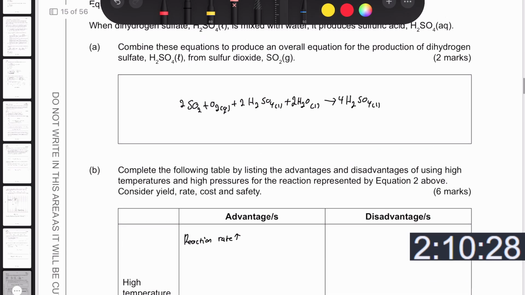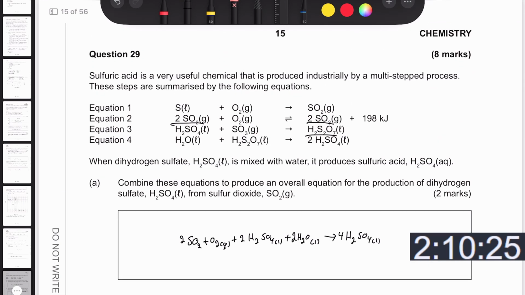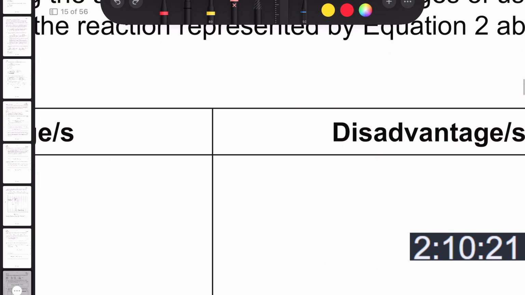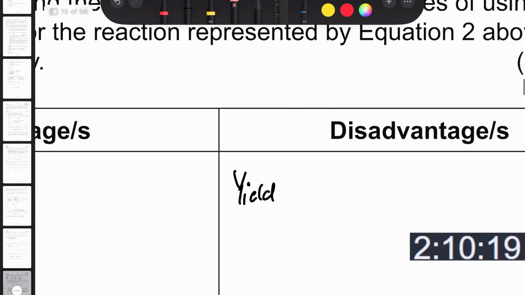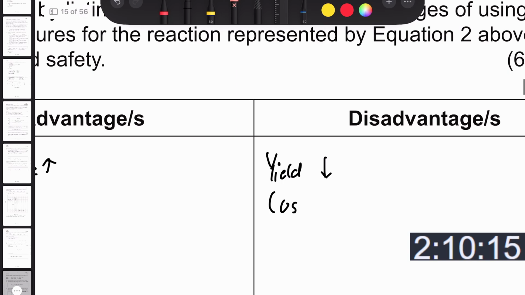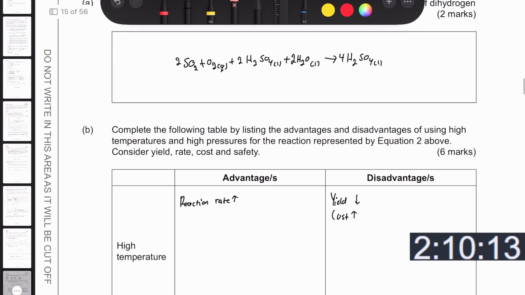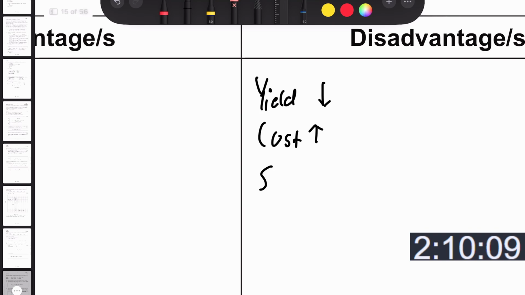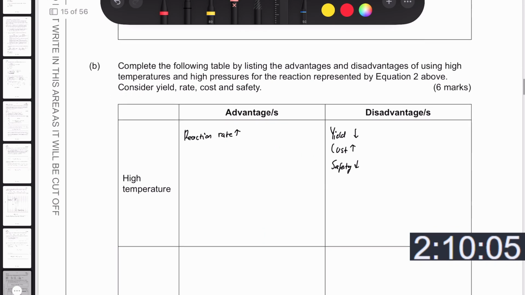What disadvantages? What's my yield? At high temperatures, I'm going to go that way. So disadvantages, yield will decrease, cost will increase, and overall safety with high temperatures decreases. And it just says to list.